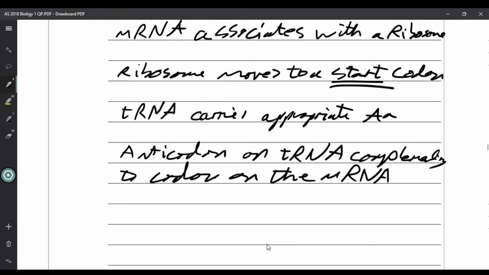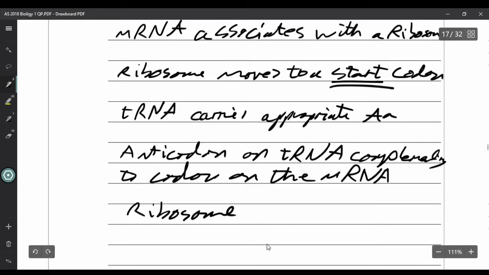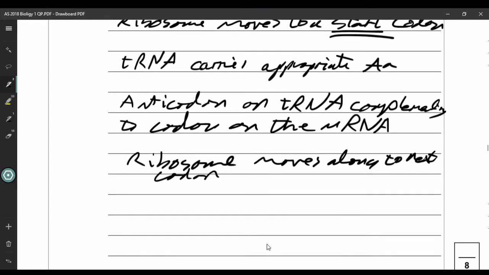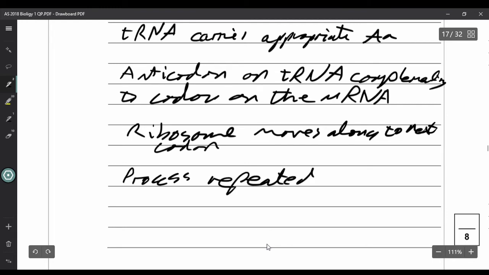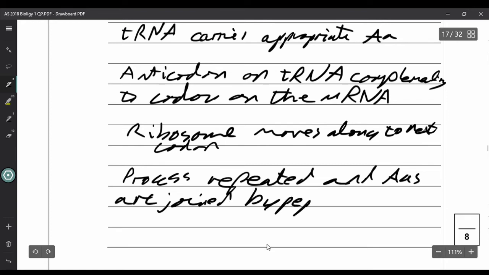So then the ribosome moves along to the next codon, and this process is repeated and the amino acids are joined by peptide bonds to form a polypeptide.